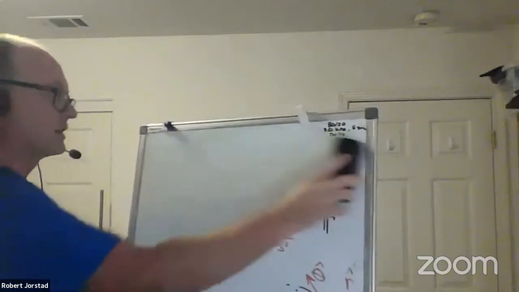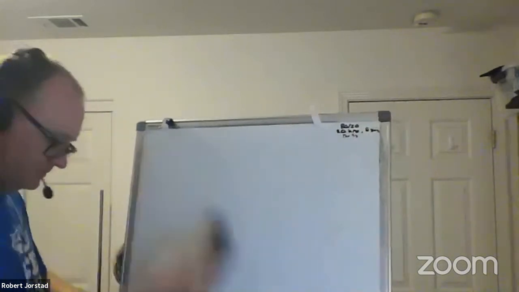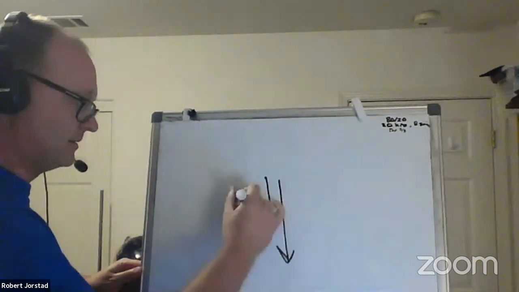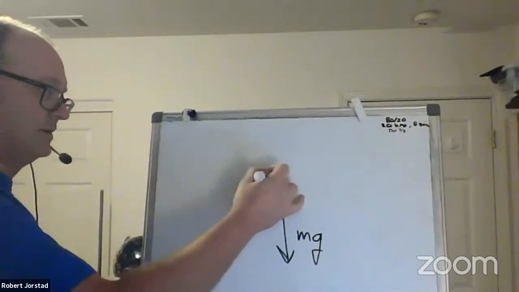You guys already did it correctly, but let's write it down. There's a normal force, there's mg. They're both pointed down, and here's the water. We'll just draw the water as a dot.